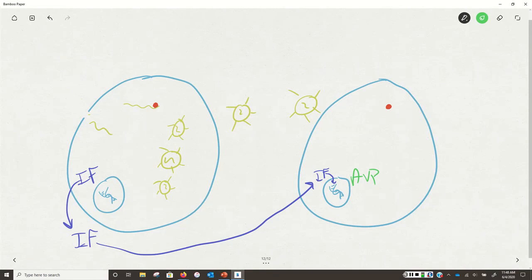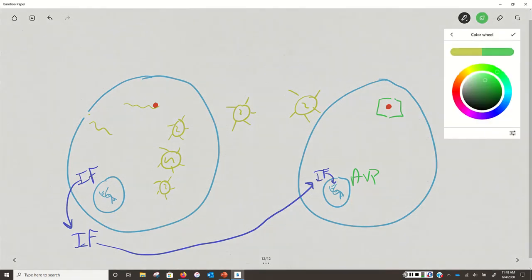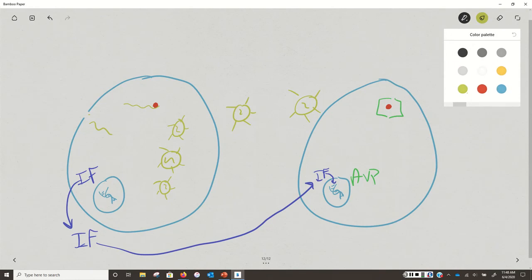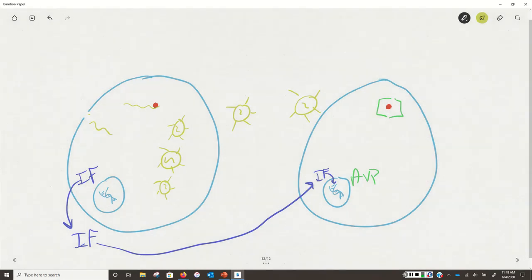And these antiviral proteins do several different things. We're going to look at one of the bigger things that it does. It actually tells ribosomes to stop reading RNA for a little bit. Now, what happens is when this virus comes along and injects its RNA, remember, the virus, once it injects its RNA, it degrades.